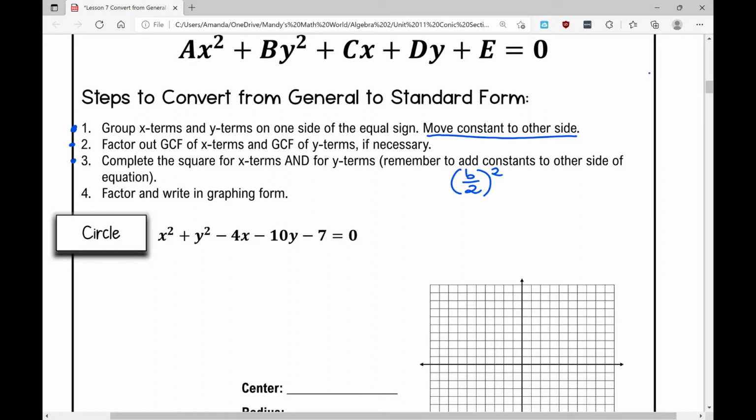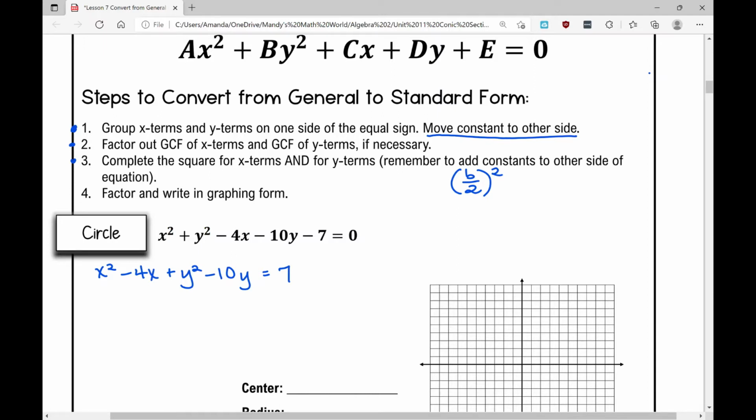In step 1, we group the x terms and y terms on one side and move the constant to the other side. So I'm going to rewrite this as x squared minus 4x plus y squared minus 10y, and I'm going to move that negative 7 over to the other side. I've grouped my x's and my y's together. I've moved the constant to the right.